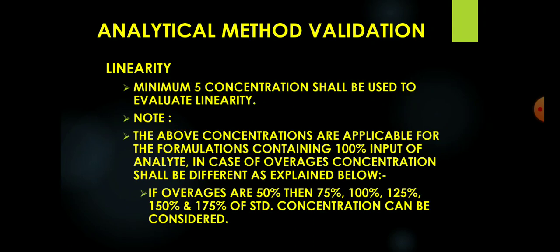Let us suppose that 50% overages are used in the formulation. Then the concentrations which shall be used for the linearity study can be 50%, 75%, 100%, 125%, 150%, and 175% of the standard concentration.